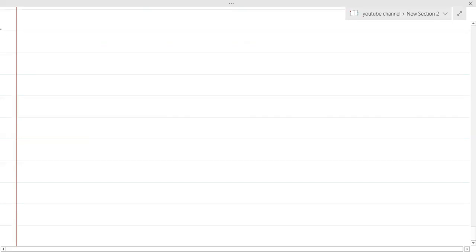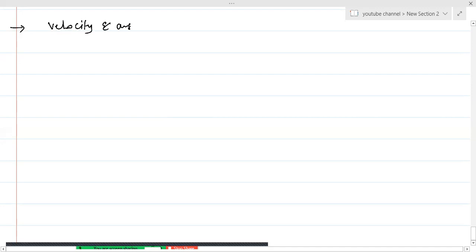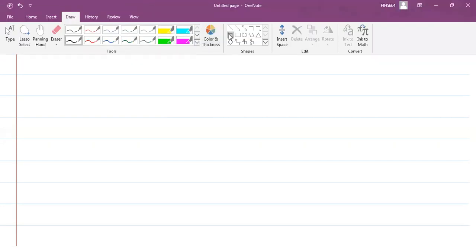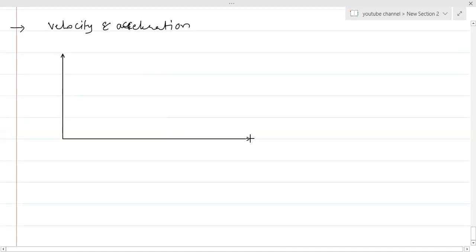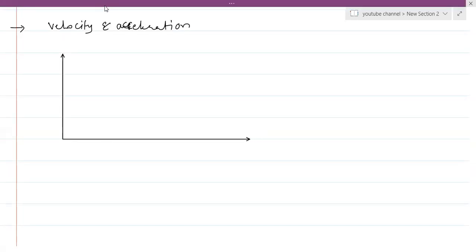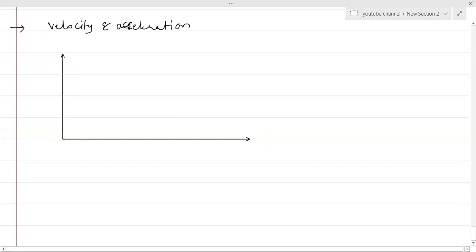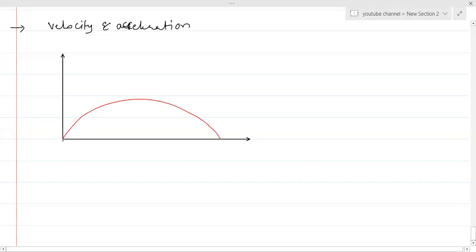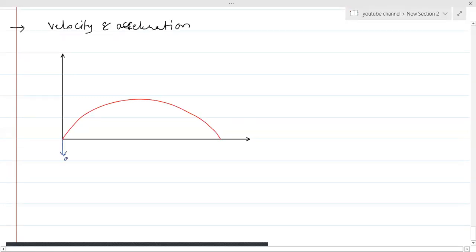And now we will understand the relation between the angle between velocity and acceleration at every point. For example, this will be a body. At the point A, this will be the gravity and this will be the velocity.